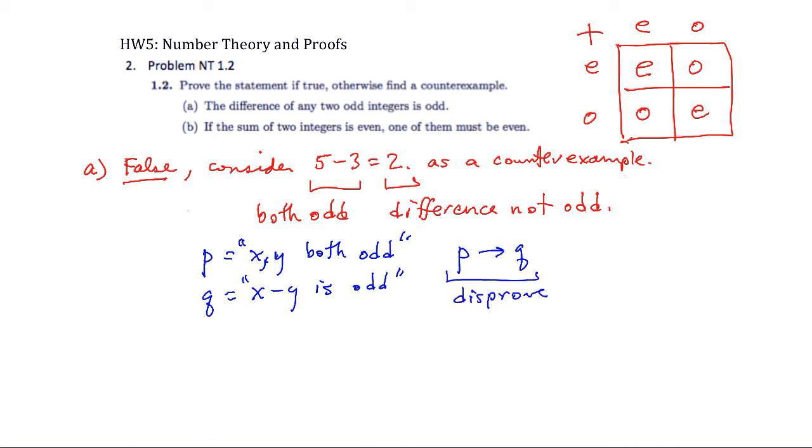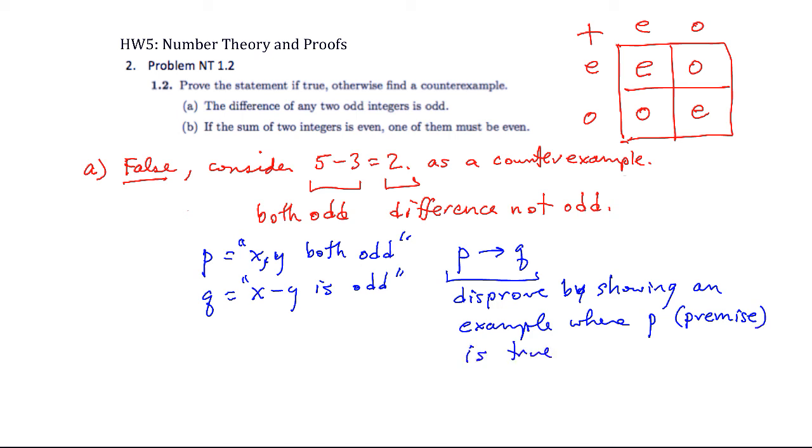We are going to disprove it by showing an example where P, which is the premise, is true, and Q, which is the conclusion, is false. In other words, we want to show P and not Q is possible.